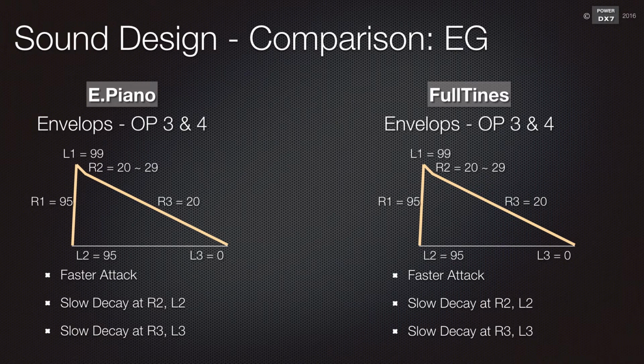The main decay is controlled by rate 3 and it reaches level 3 slowly. Level 3 is 0, so the envelopes stop at level 3.